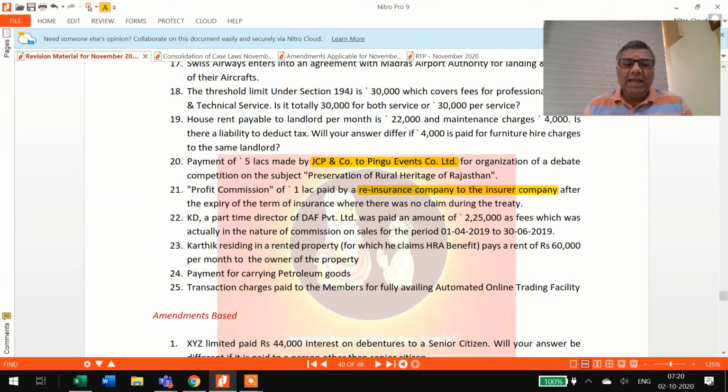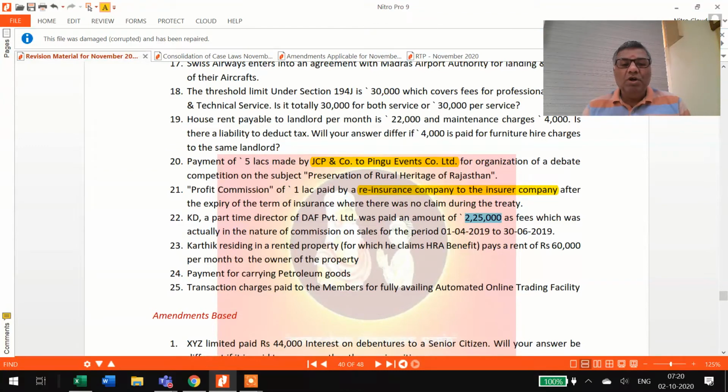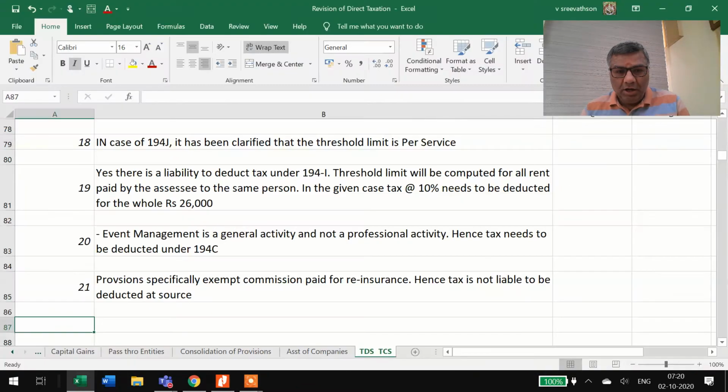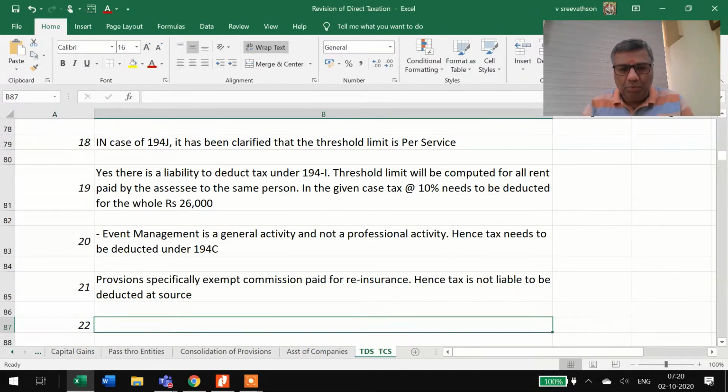22. KD, a part-time director of DAF Private Limited, was paid an amount of 2,25,000 as fees, which was actually in the nature of commission on sales for the period.